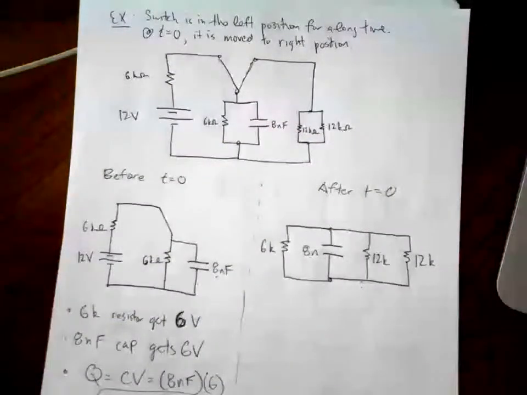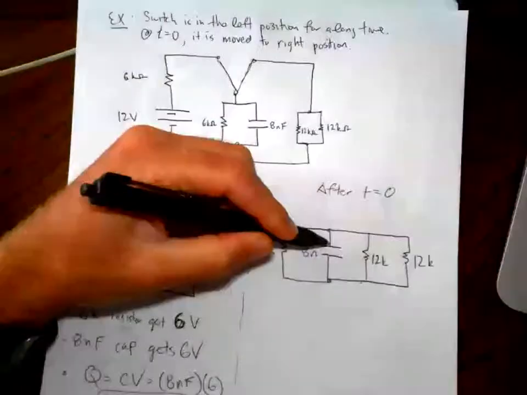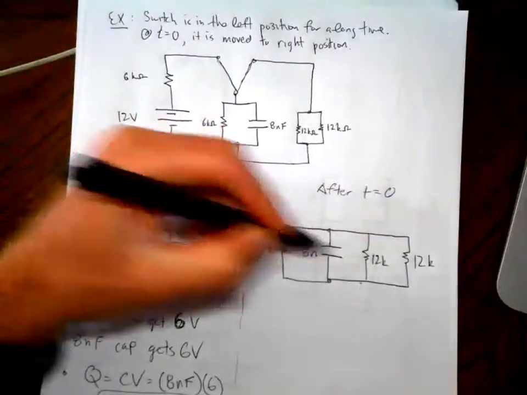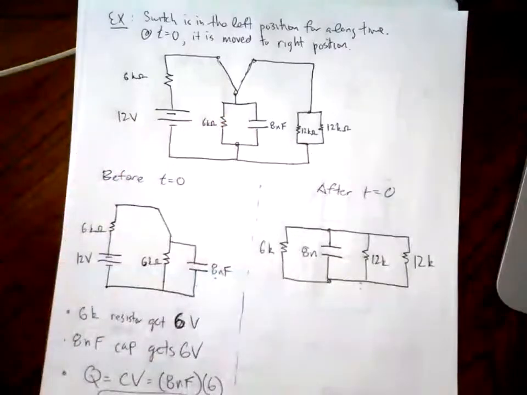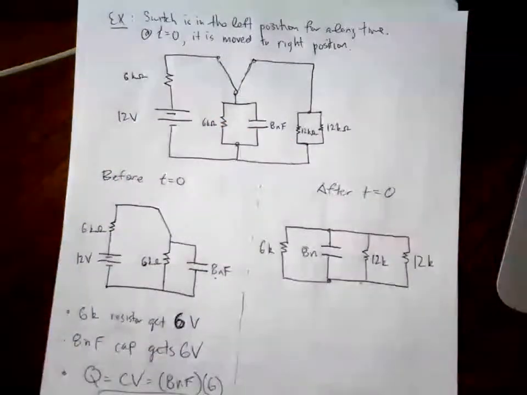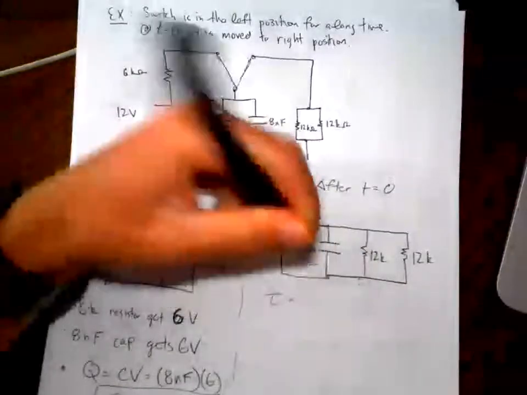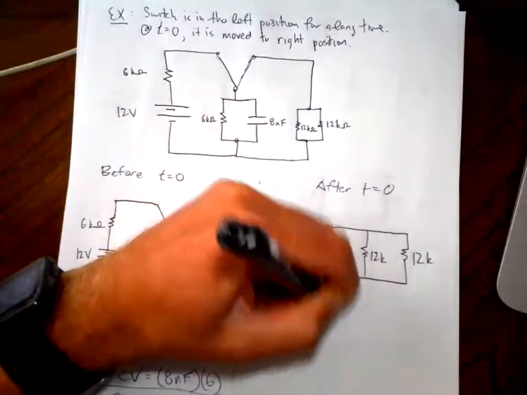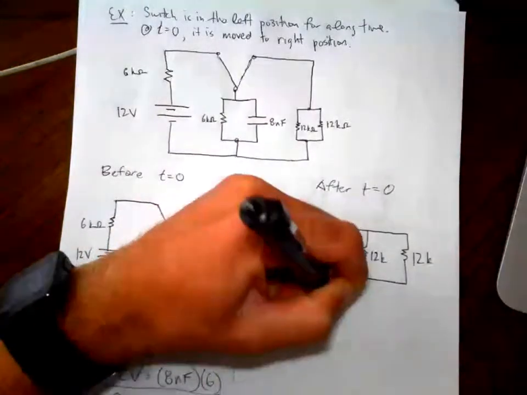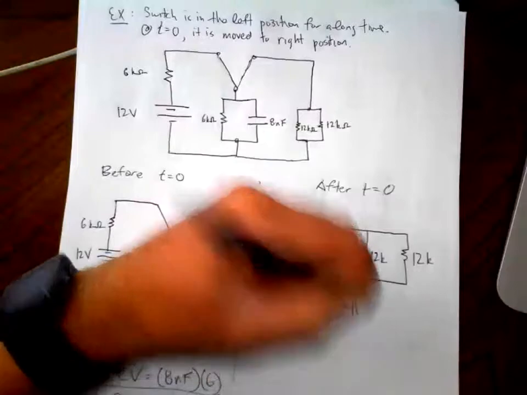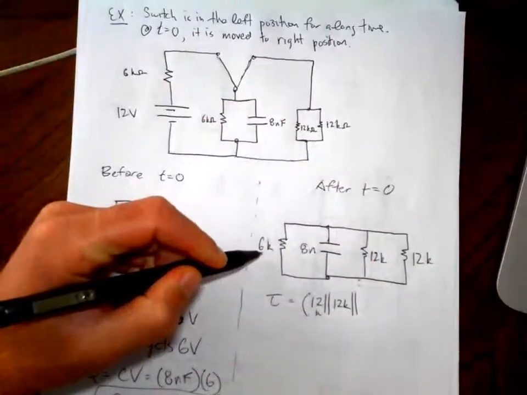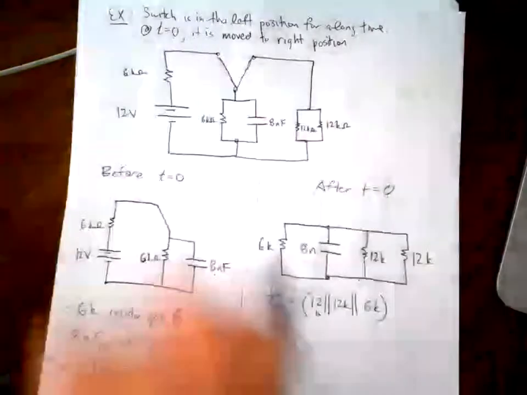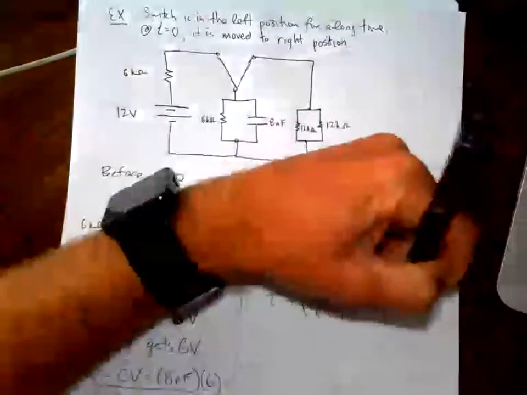So if we look at this capacitor, you can see that it's actually discharging through 3 resistors that are in parallel with each other. Okay. So that means that our time constant is going to be 12K in parallel with 12K in parallel with 6K, times the capacitance, which is 8 nanos.